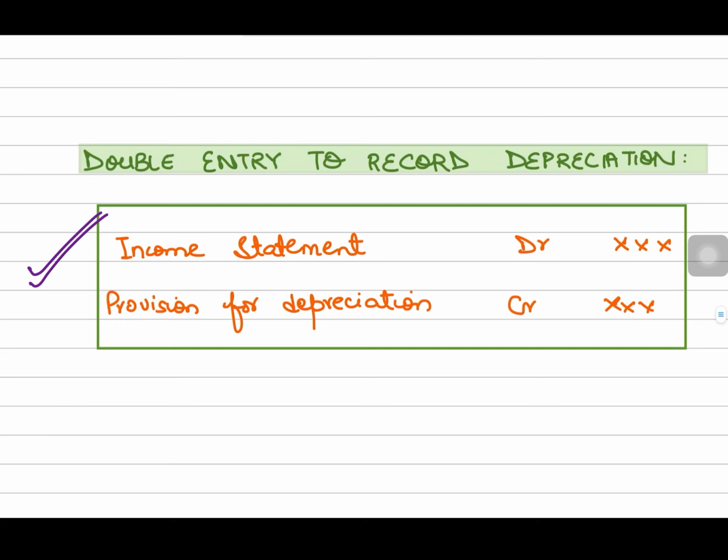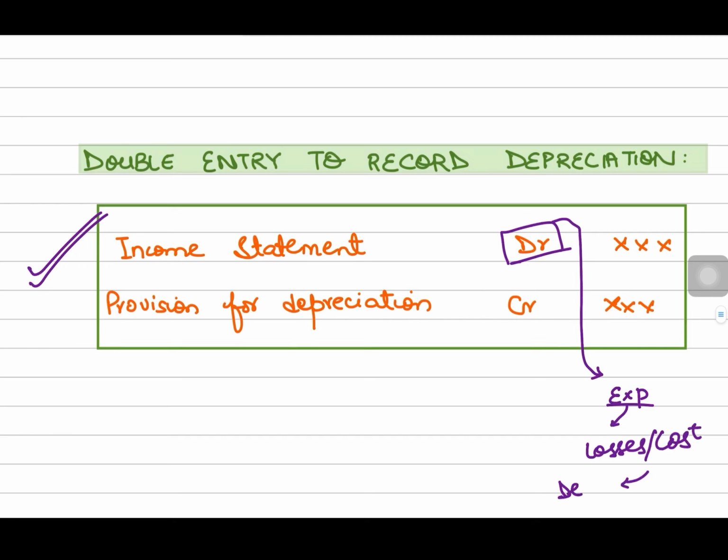First of all, income statement will be debited, right. Now, why do I debit my income statement? This is because we know that since it is an expense, and all the expenses or all the losses, let us say all the costs as well, are debited in the income statement, right.